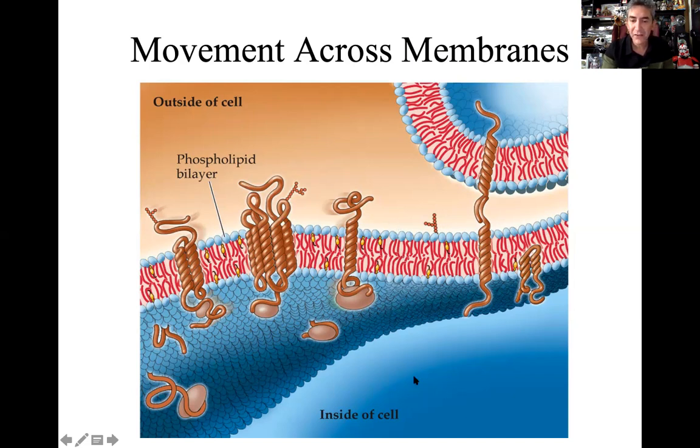So if you're on the inside, all you see is the hydrophilic area. If you're on the outside, all you see is that top hydrophilic area. We will also see some IMPs that go the entire width of that membrane. And then on the outer surface, we have our little oligosaccharide markers either attached to the proteins or attached to the hydrophilic head areas.